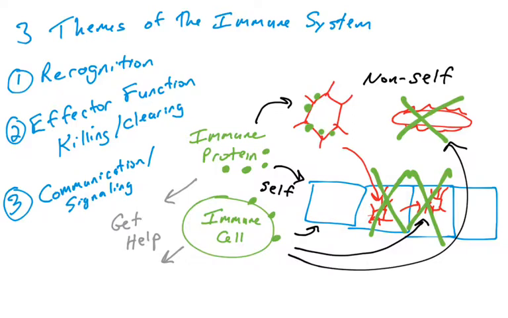So we're going to learn about all these molecules, cytokines being one class of them, that will be released from immune cells and can tell other parts of the body, either locally or systemically, that we need to mount a stronger attack. We need more help to clear these pathogens.